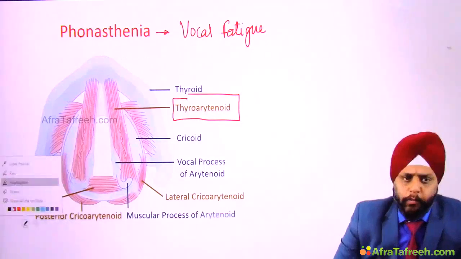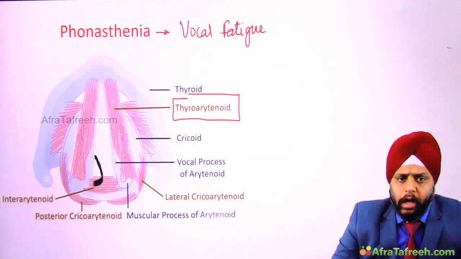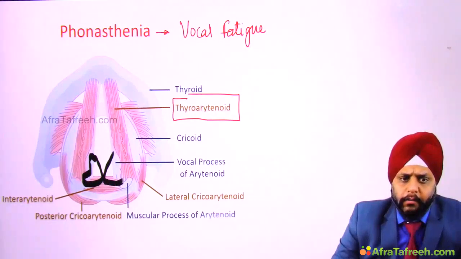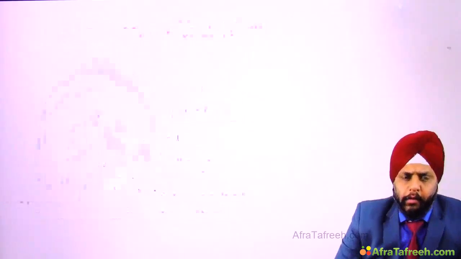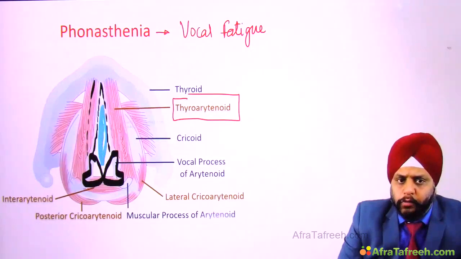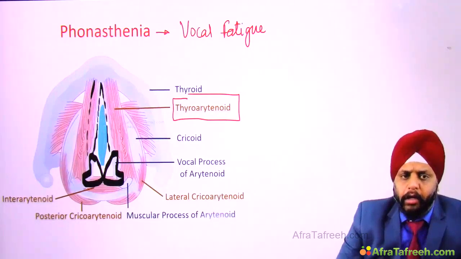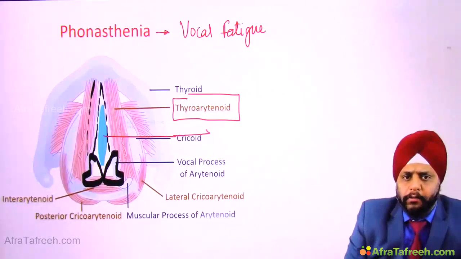Now what will happen? Because of this, the arytenoids are brought together by the interarytenoid muscles, but because the thyroarytenoid is not working, we have a spindle-shaped gap over here. So there is a gap between the two vocal folds when they are adducted, a spindle-shaped defect.